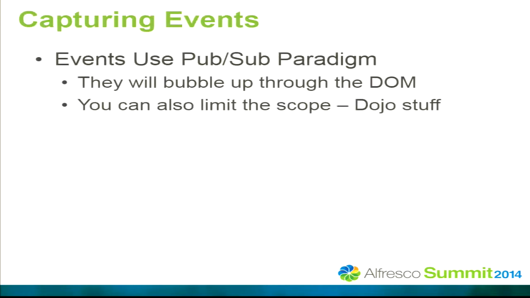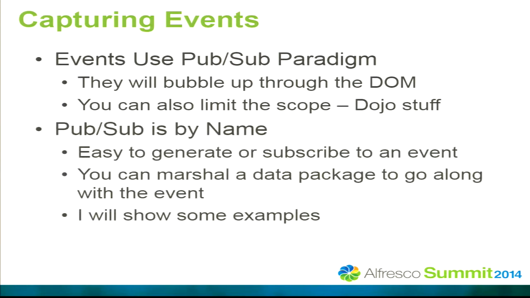In terms of event handling, the events are handled by a publish subscribe mechanism, which is why we use the Dojo framework. They'll bubble up through the DOM until it finds somebody that's subscribed for the event. And you can also limit the scope of that, of course. That's like a Dojo built-in thing. So you have some flexibility in how you handle that type of stuff.